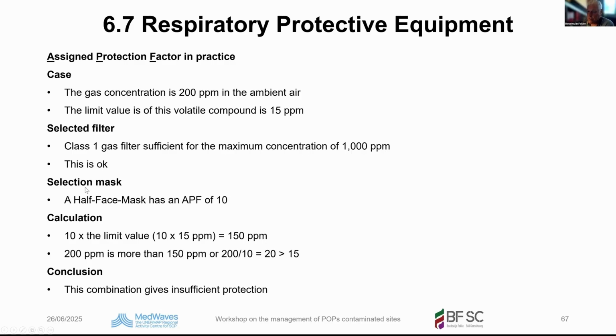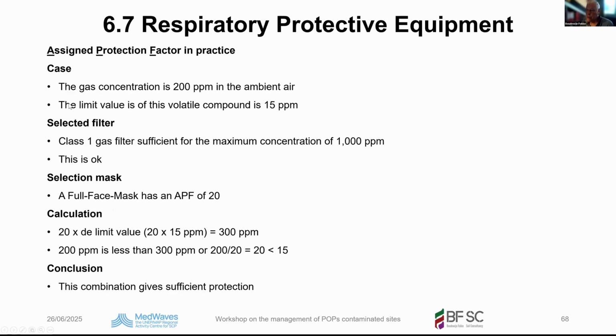For the mask, you select a half face mask, which has an assigned protection factor of 10. Then you calculate 10 times the limit value, which is 150, and 200 is more than 150. So the conclusion is that this combination gives insufficient protection. Is that clear? Because of the assigned protection factor, you cannot use a half face mask in this situation with this concentration. Now we come to the next one.